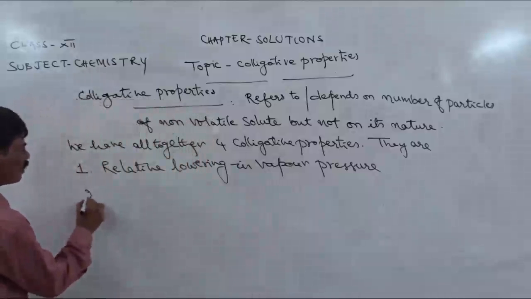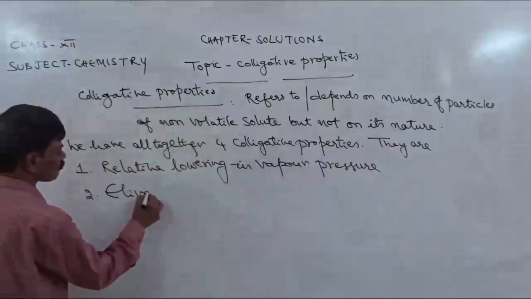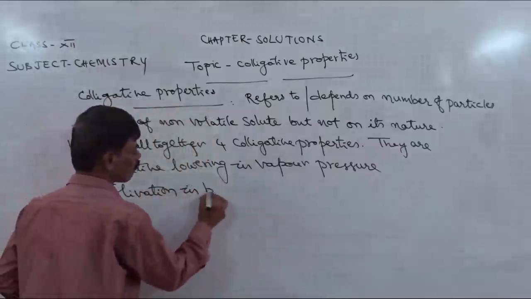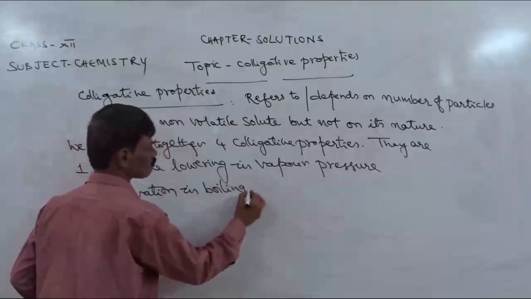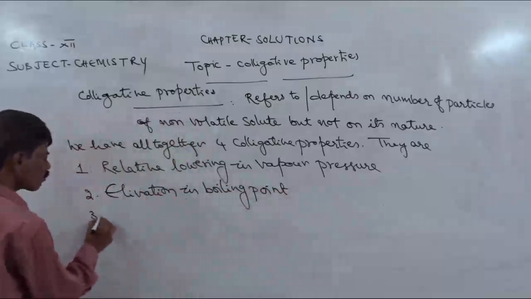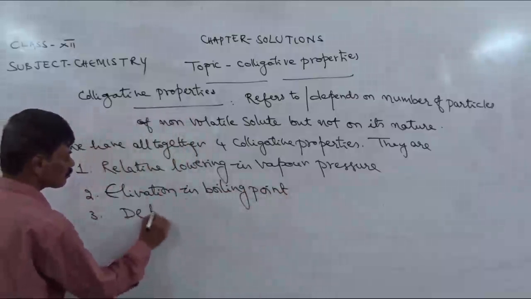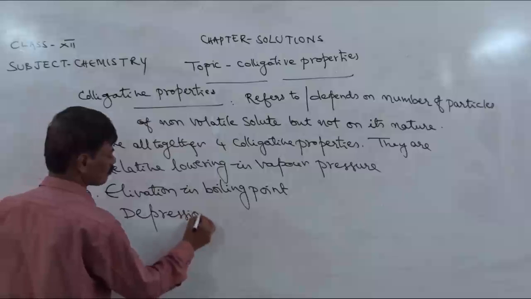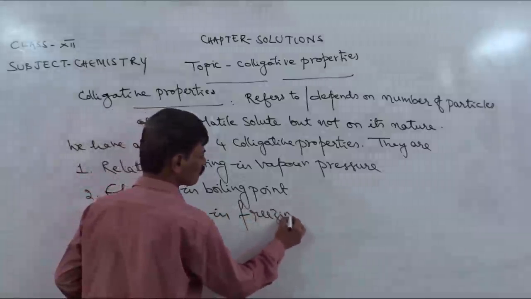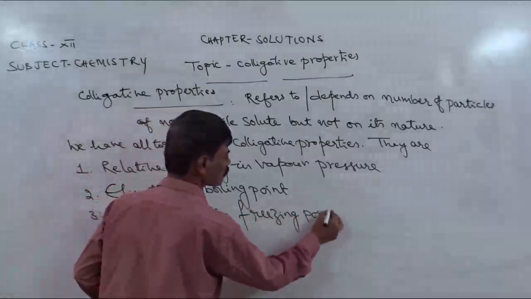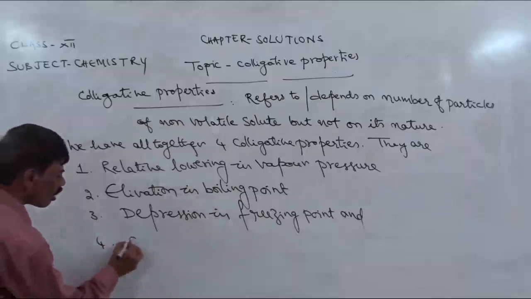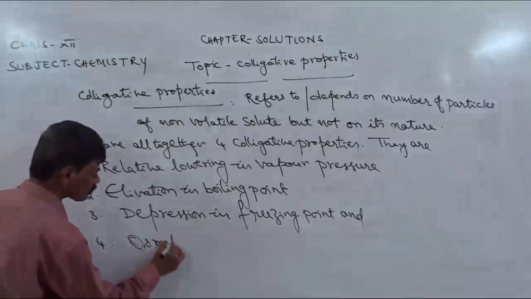So second property is elevation in boiling point. Third colligative property, depression in freezing point. And number four, osmotic pressure.